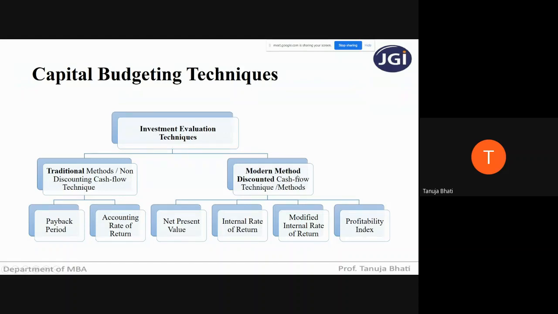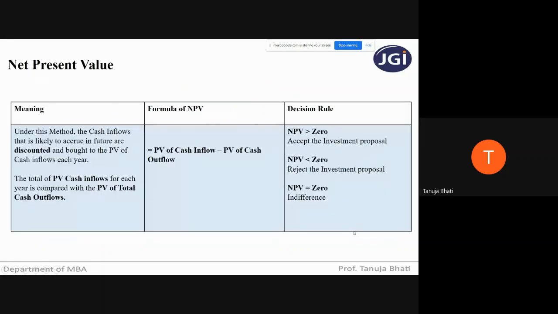The modern method is also called the discounted cash flow technique. Under this we have four: net present value, internal rate of return, modified internal rate of return, and profitability index. So today we will be learning about two techniques, that is net present value and profitability index.